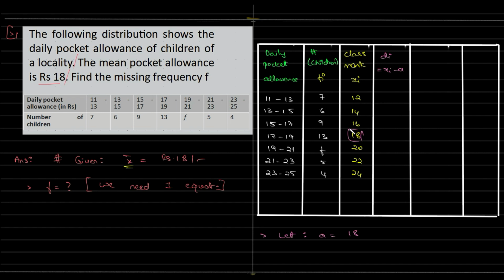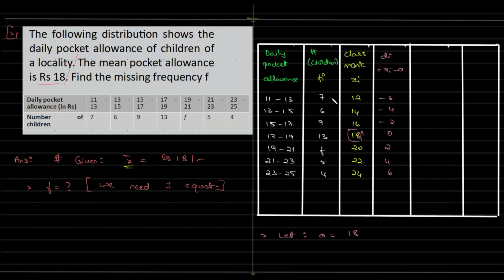All the numbers below 18 will give negative values after subtraction. So minus 6, minus 4, minus 2, 0. After 18, we'll get positive numbers 2, 4, and 6.